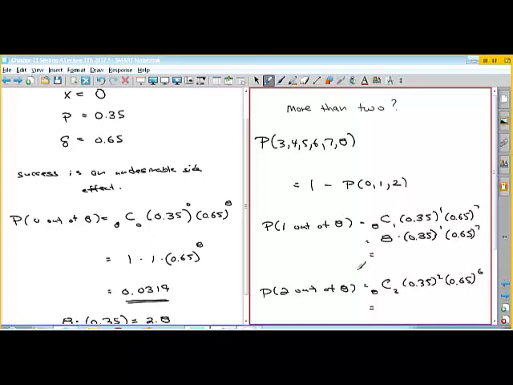And the numbers should get bigger as we move towards 3.